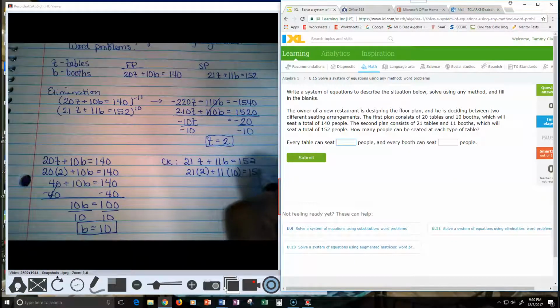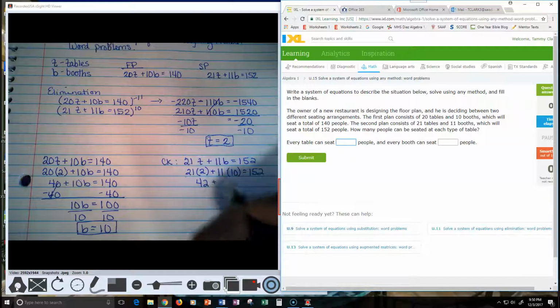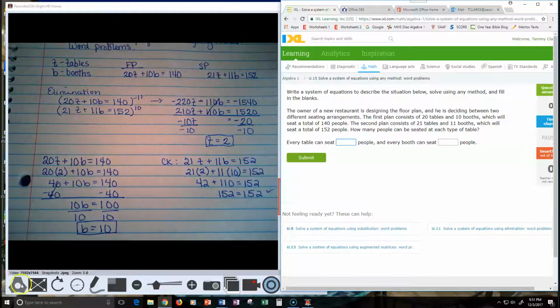We want to see if that's 152 people. 21 times 2 is 42, plus 11 times 10 is 110. 42 plus 110 is 152. So therefore we are correct. Every table can seat 2 people and every booth can seat 10 people.